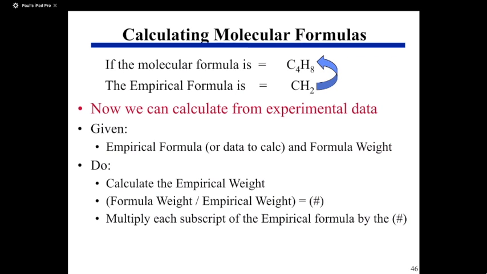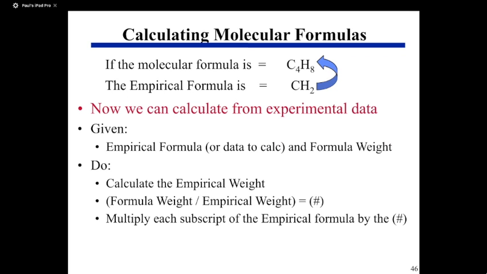Now, if I give you one more piece of data, you could take an empirical formula and go up to a molecular formula. You have to be given the empirical formula, or you now know how to calculate it from data, so it could be a long problem. You also have to have the formula weight or the molar mass of the entire compound. This is what you do: you calculate an empirical weight, the weight of the empirical formula.